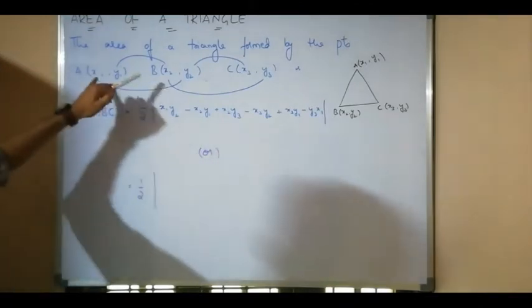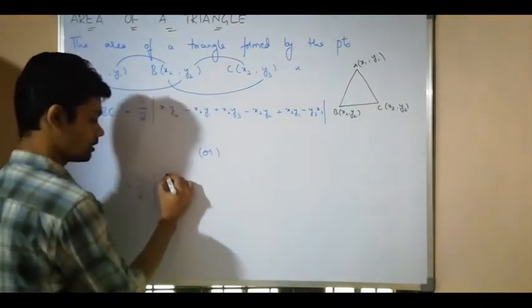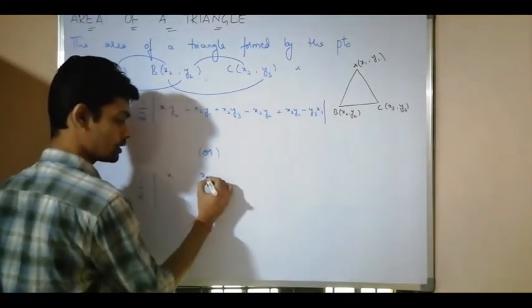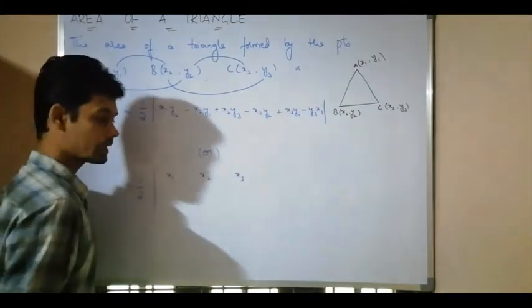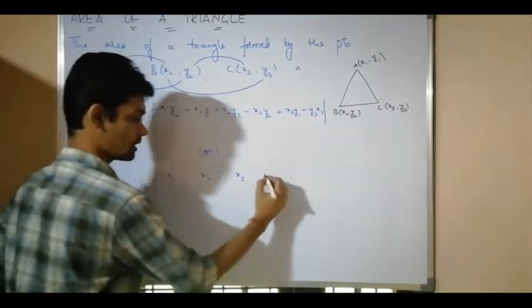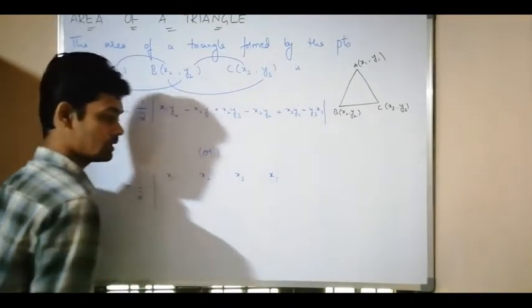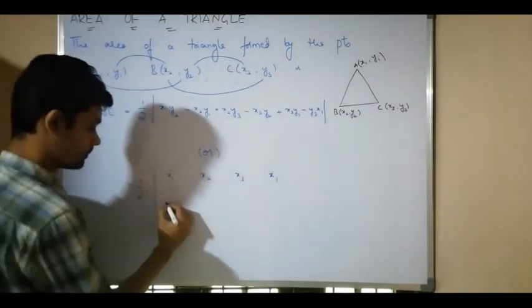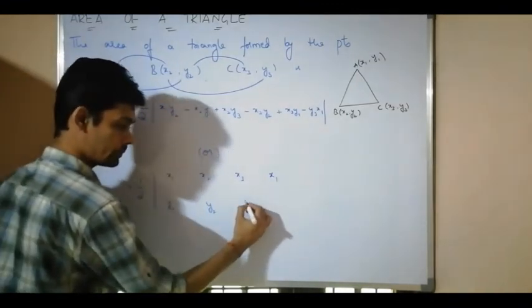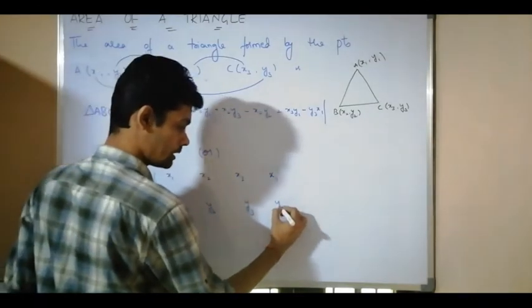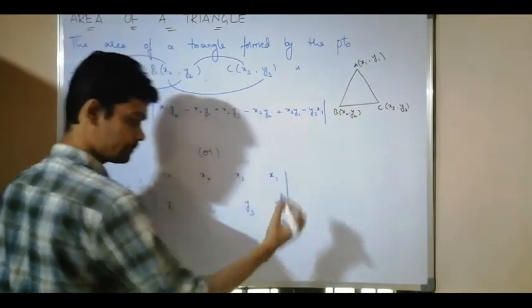Just write all the x coordinates, x1 x2 x3, all the x coordinates are completed. Now again write only the first one, x1. Similarly, y coordinates, y1 y2 y3, again y1.